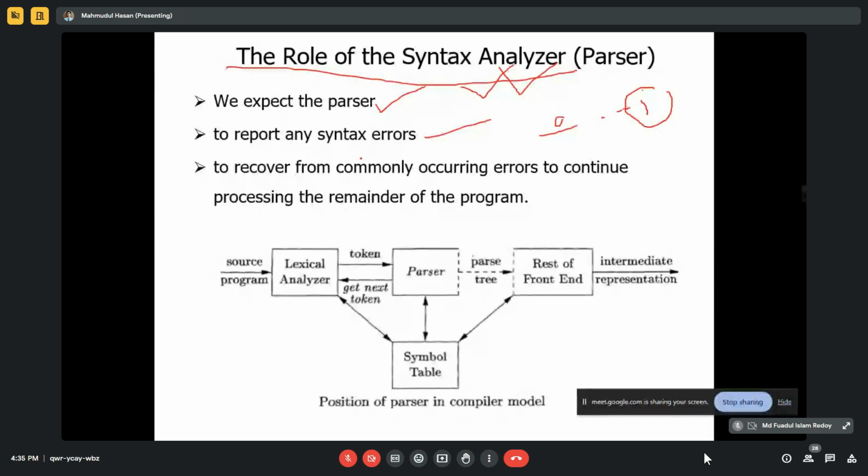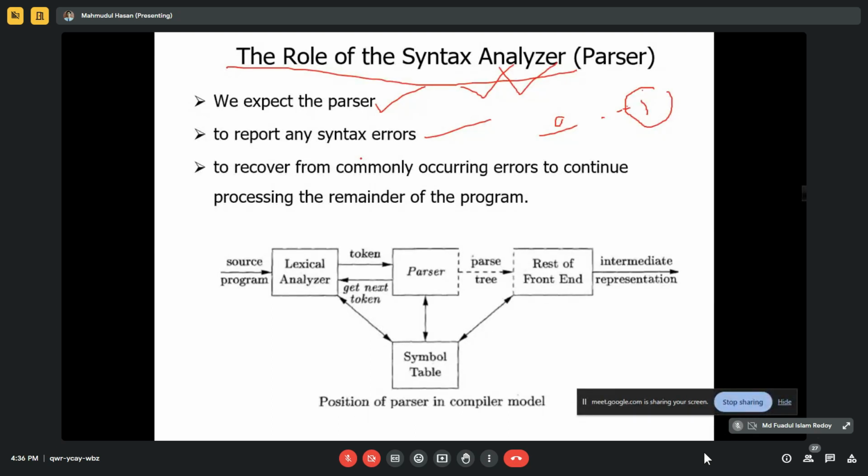But suppose someone is infected by coronavirus, then he will recover from it and be able to lead a normal life. That is recovery. At first you detect it, then you need to recover. In our source code there may be many errors, so your syntax analyzer detects those errors and recovers by itself. That is error recovery, and this task is also done by the syntax analyzer.